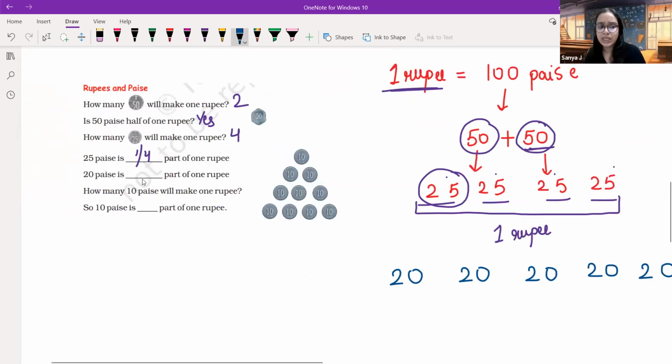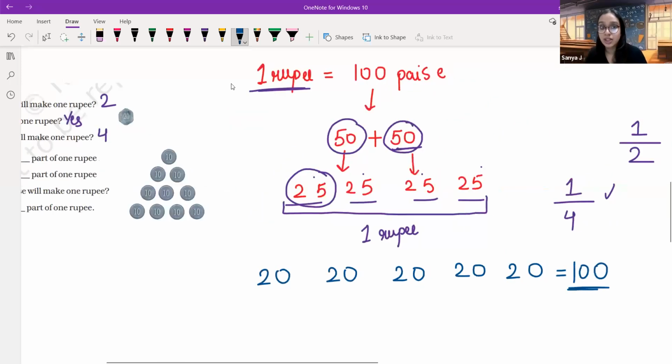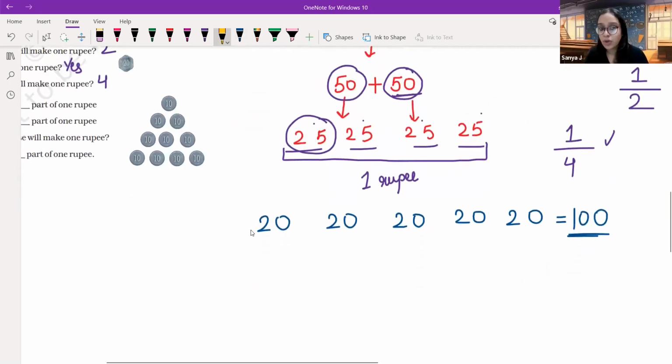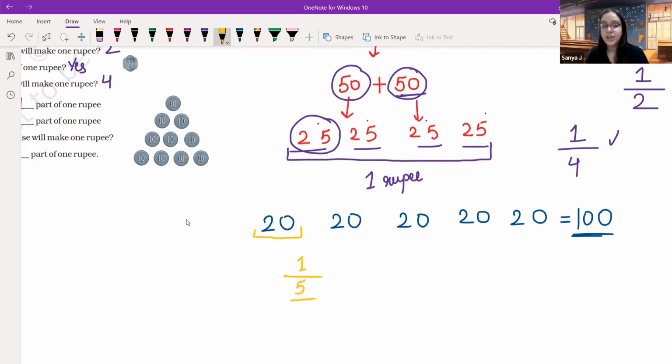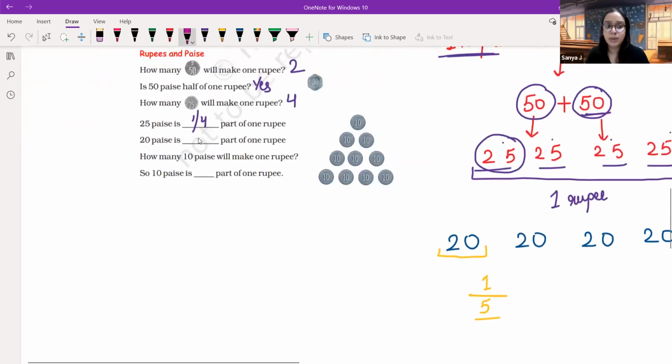Correct? So, 20 paisa is what part of 1 rupee? The answer is 1/5 because this one part represents 1 out of how many equal parts? 1, 2, 3, 4, and 5 out of 5 equal parts. Okay, so 20 paisa is nothing but 1/5 part of 1 rupee.